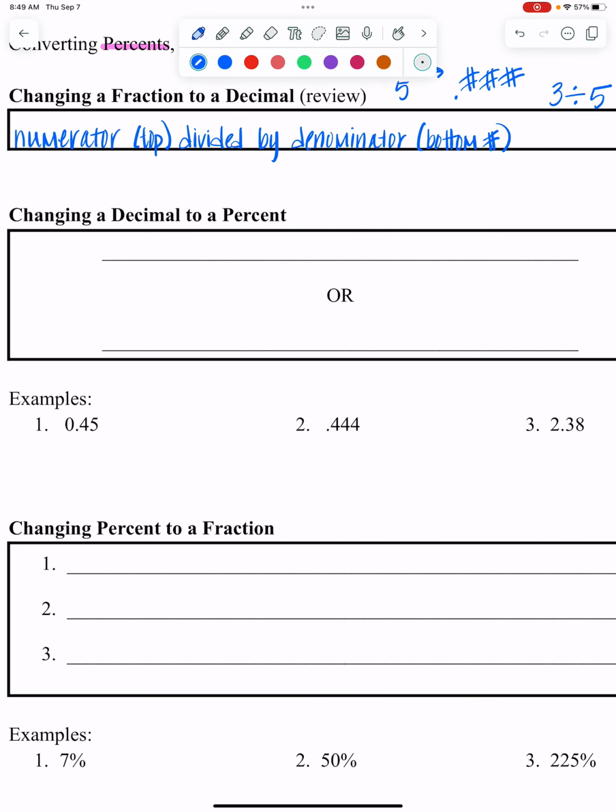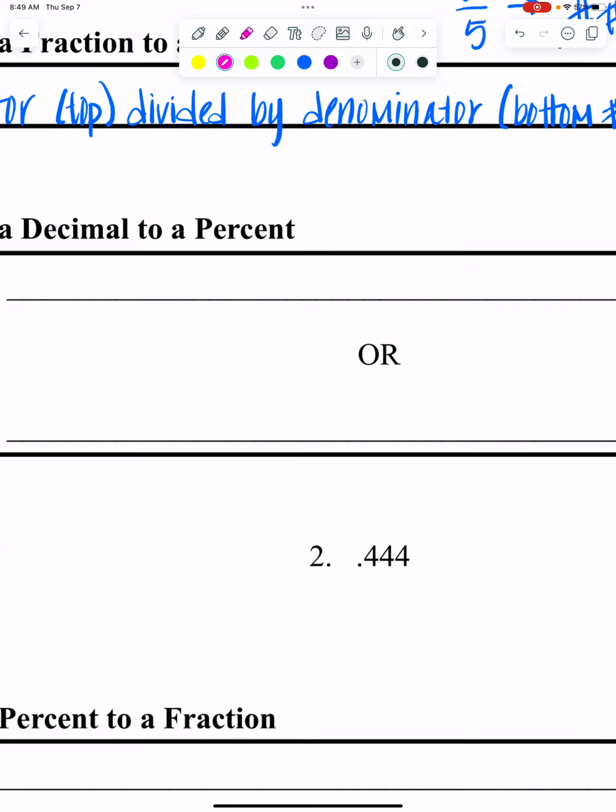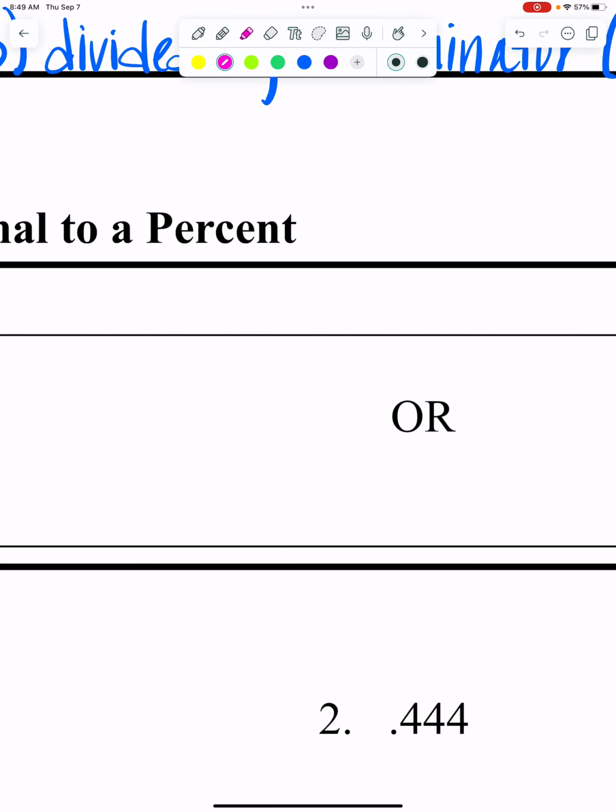One of the things you can do is take apart the word percent. Per means to divide. It means to take it apart into little pieces.